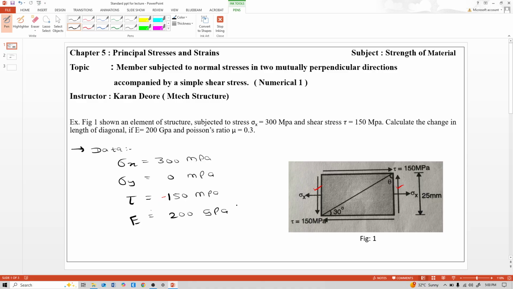That means E is equal to linear stress upon linear strain, E is equal to sigma upon epsilon, and the unit is Newton per mm square. Convert this gigapascal into megapascal: 200 into 10 raised to 3 MPa. From GPa to MPa, multiply by 10 raised to 3.